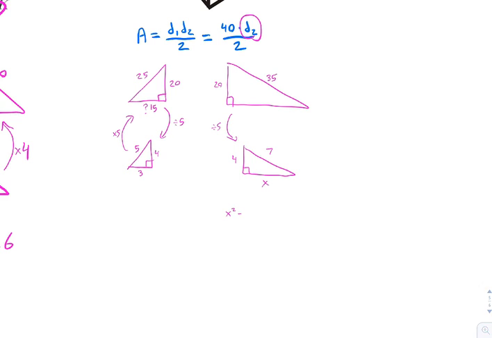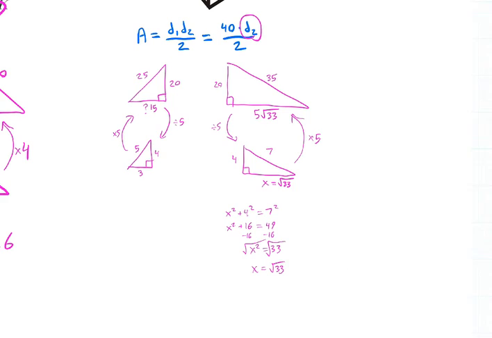So x squared plus 4 squared equals 7 squared. x squared plus 16 is 49. Subtracting, we get x squared is 33. So taking the square root, x is square root of 33. So this is the square root of 33 right here.